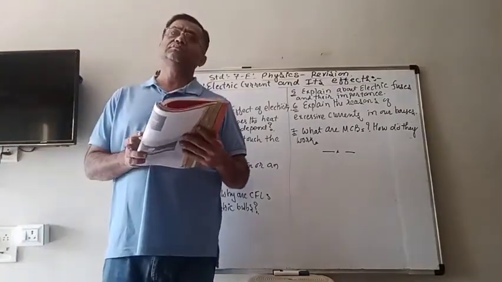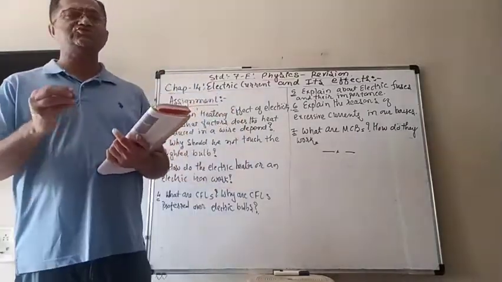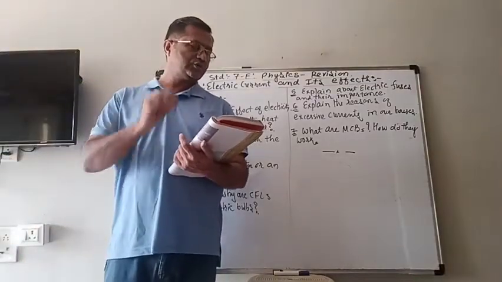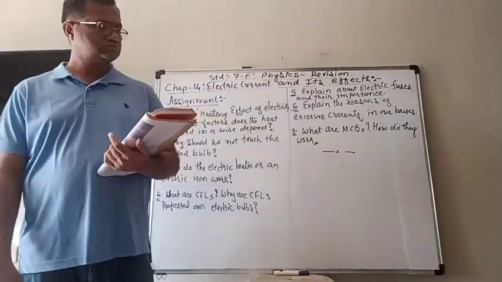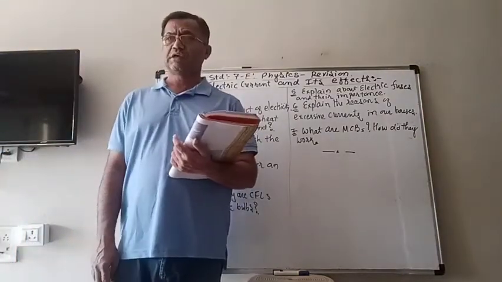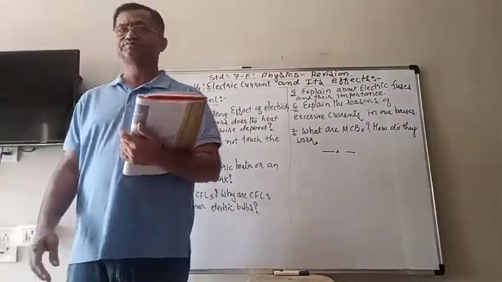Now switch on, means put the switch in the on position for a few seconds, or maybe for a minute. You will see that when you switch on, the bulb will glow.